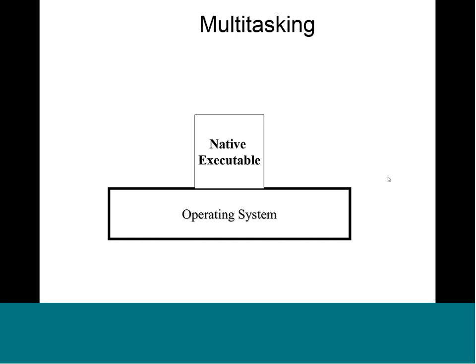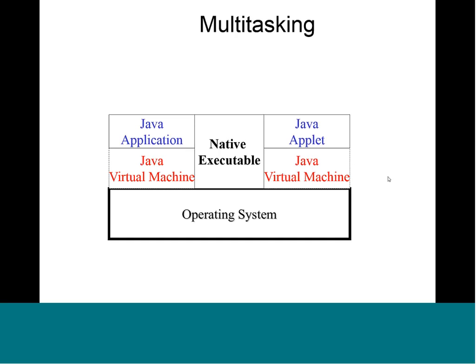So when any kind of management needs to be done, it is handled by the operating system. So when you have Java applications or applets, those go through the Java virtual machine. The Java virtual machine is an operating system-like construct.